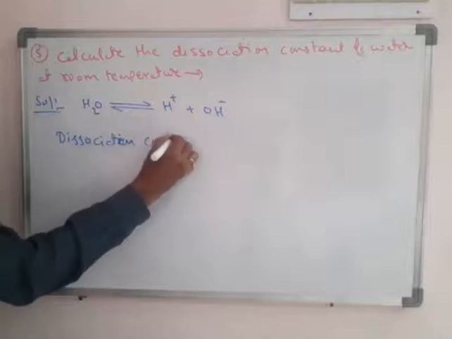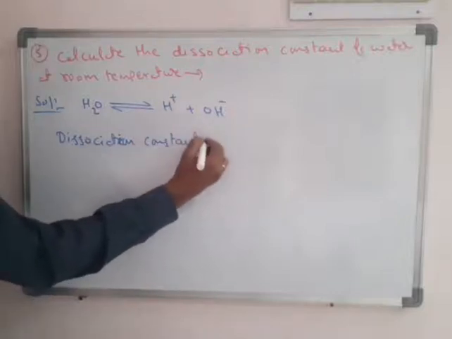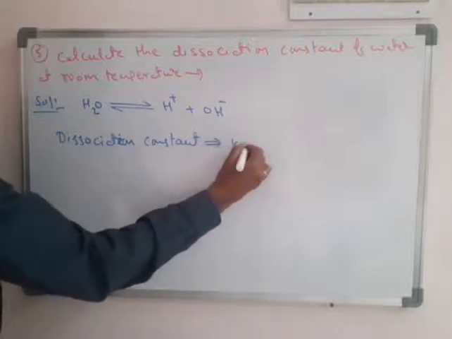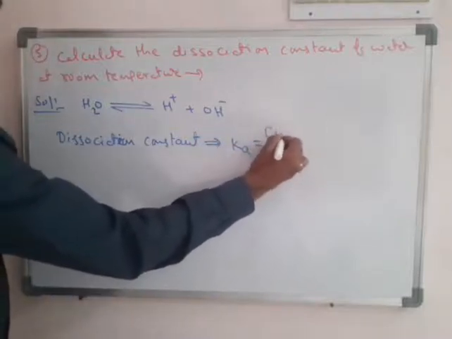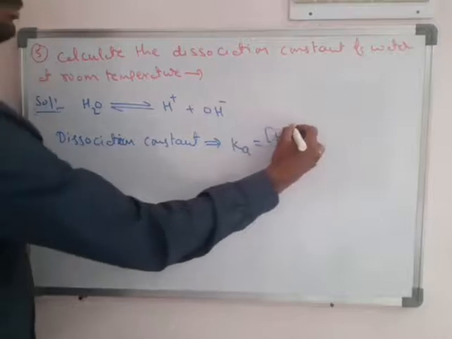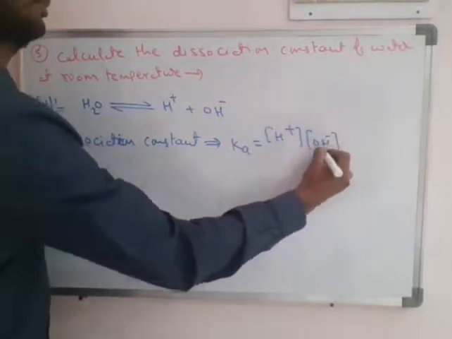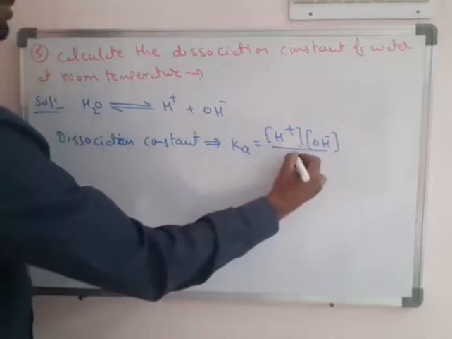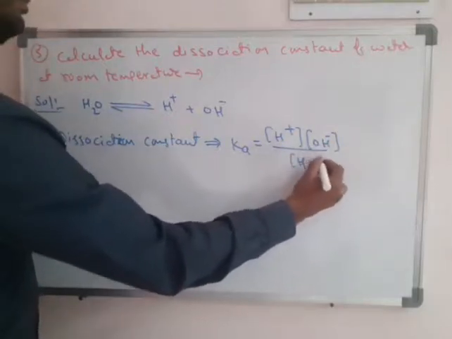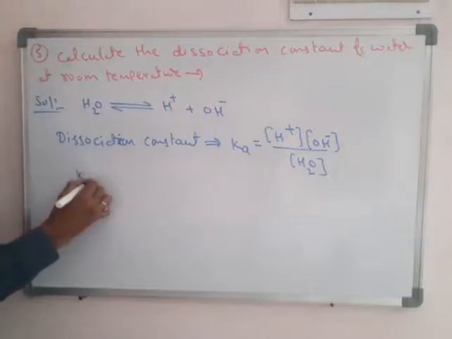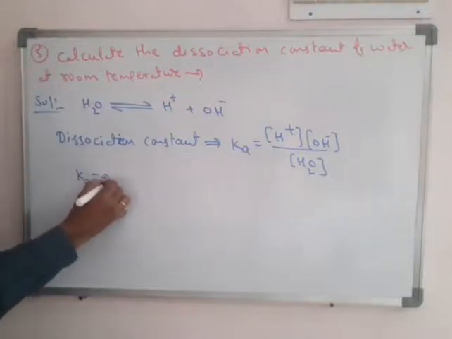So therefore we are taking it as a dissociation constant, Ka. Okay. So K equal to, we can write the equation H plus, OH minus and H2O, and with this we have to find the Ka.